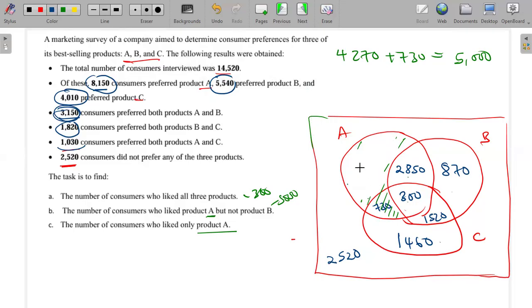So here we found 4,270. As we were even discussing, these are the ones that like product A only. So we already found that, and that is just 4,270 that liked product A only. Okay, so this is how you would do this part of the question.